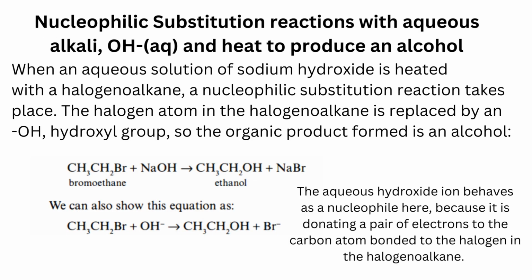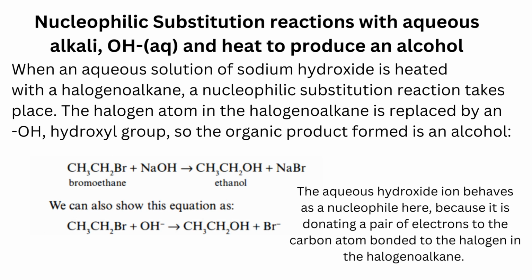Nucleophilic substitution reactions with aqueous alkali, OH-, and heat to produce an alcohol. When an aqueous solution of sodium hydroxide is heated with a halogenoalkane, a nucleophilic substitution reaction takes place. The halogen atom in the halogenoalkane is replaced by OH, a hydroxyl group, so the organic product formed is an alcohol.